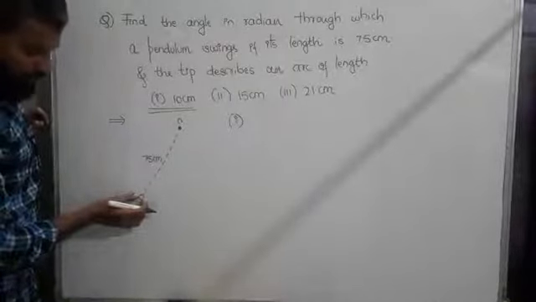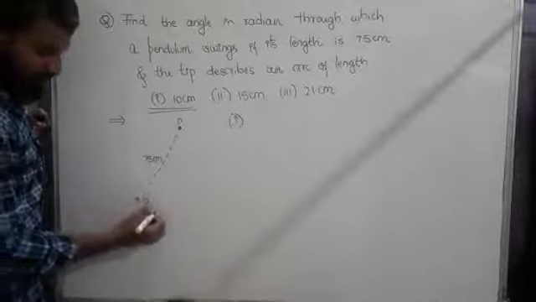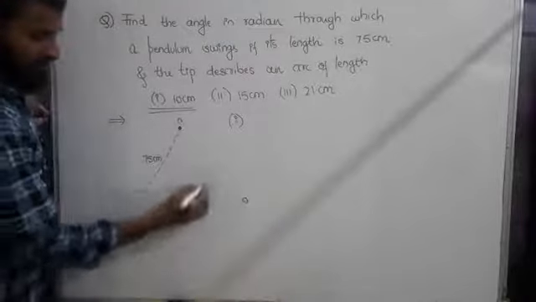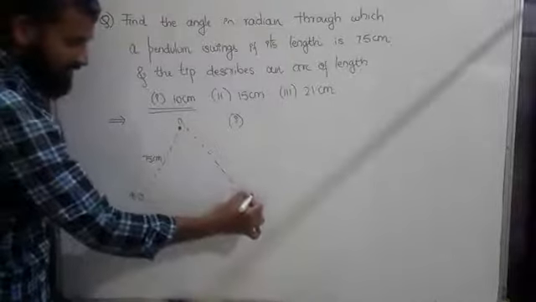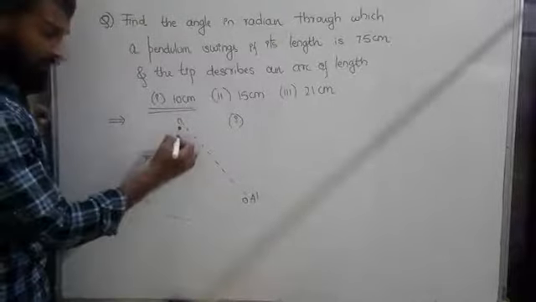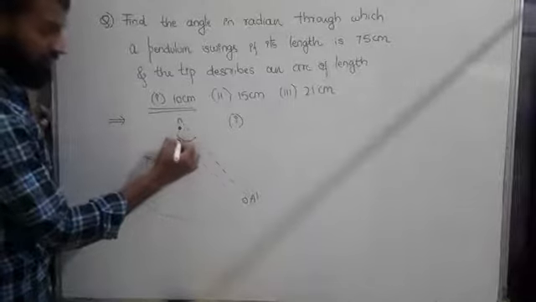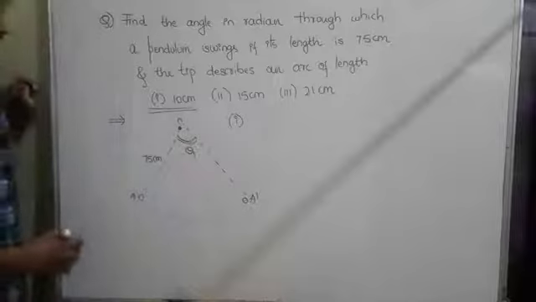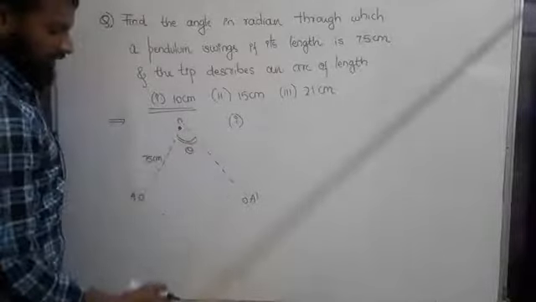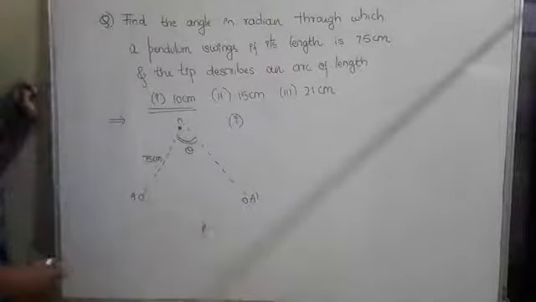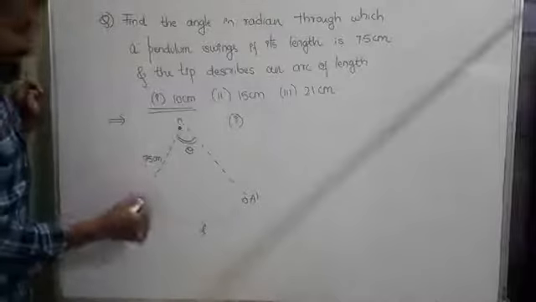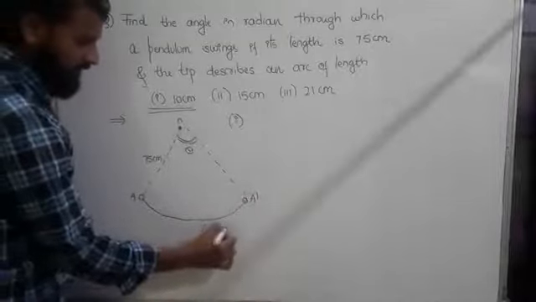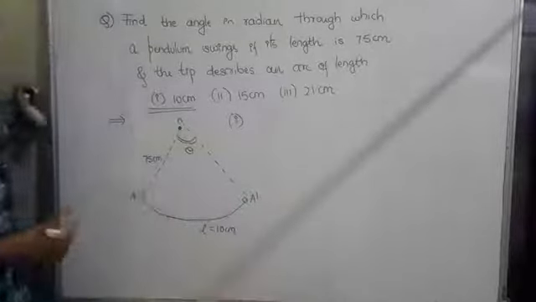If I leave it from here, it has to cover some distance, right? It's coming somewhere here. Let's call this A dash. It is covering an angle, I don't know how much. That is what I need to find. Let me call it theta. And this is the length of the arc that it covers. From here to here it will cover the length which is equal to 10 centimeter. We need to find theta.